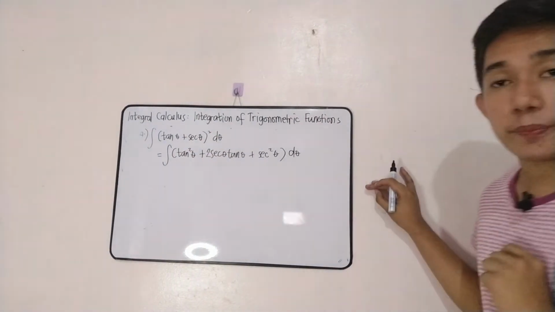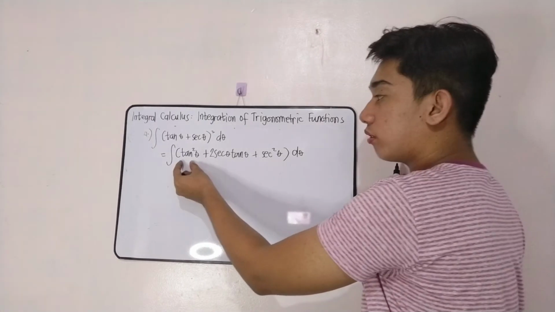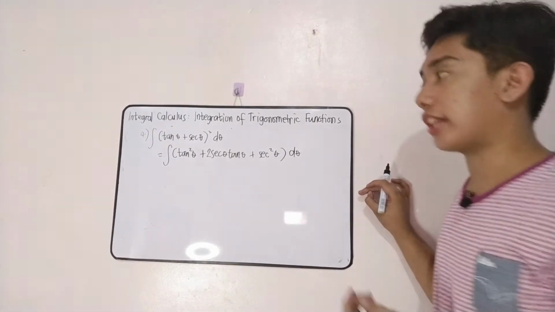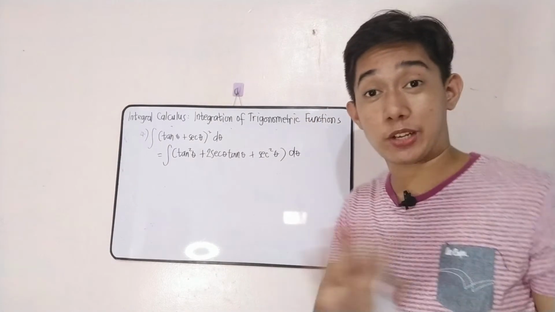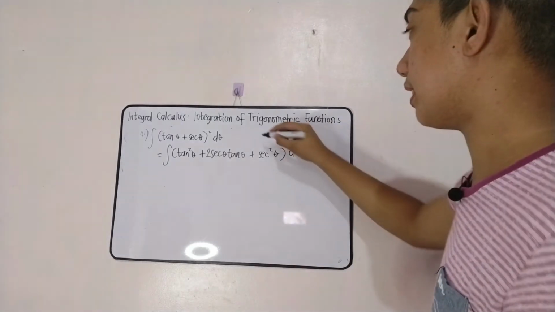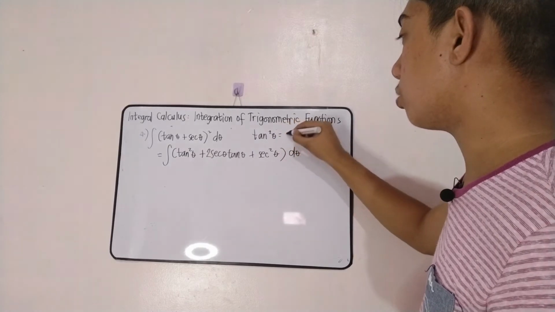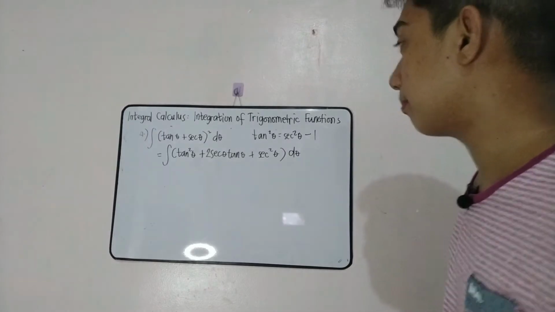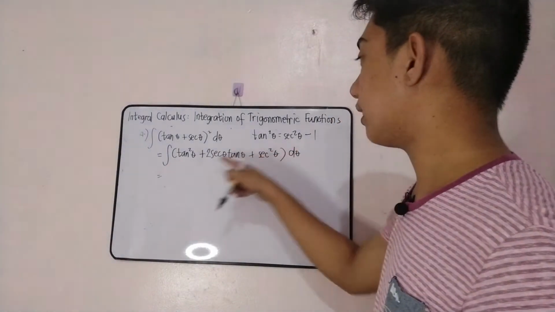So, that's the form. Take note, tangent squared theta can be expressed using a Pythagorean identity in trigonometry, which is tangent squared theta equals secant squared theta minus 1. Right? So, we can plug it in here.